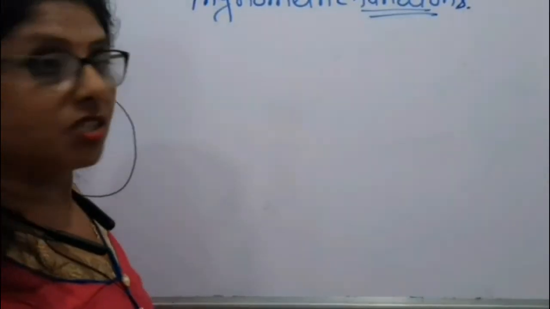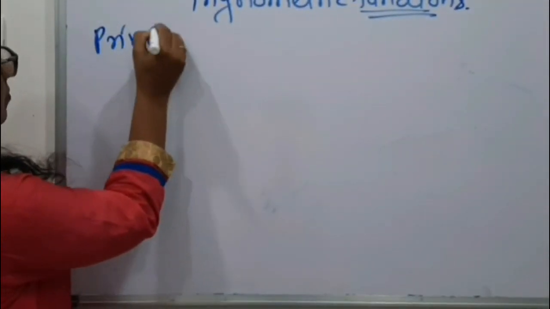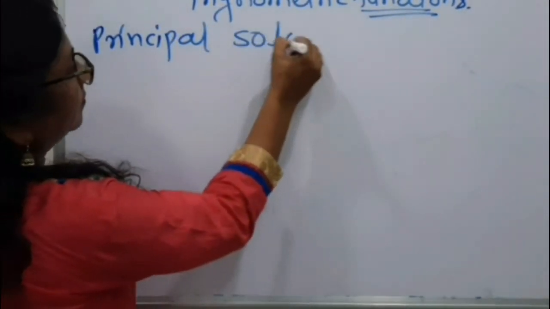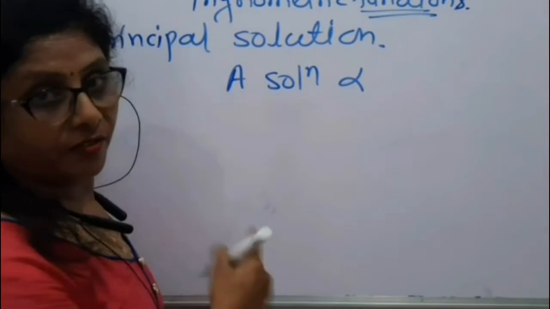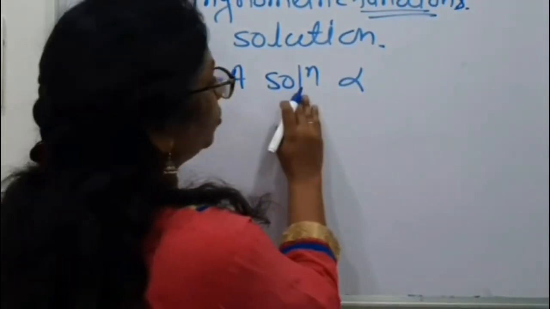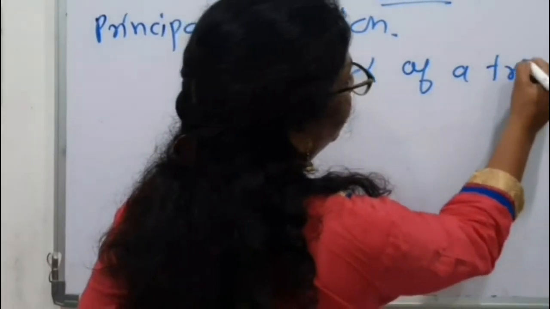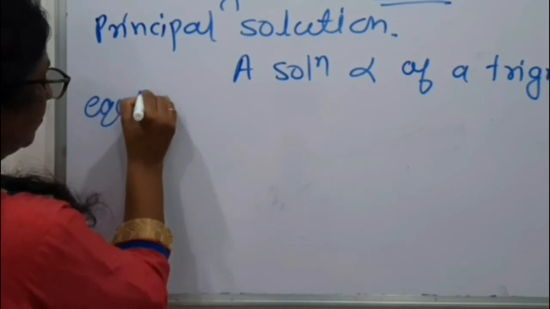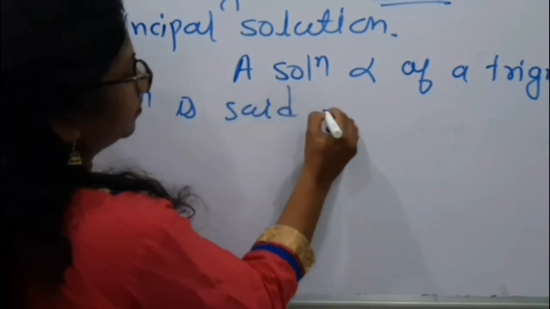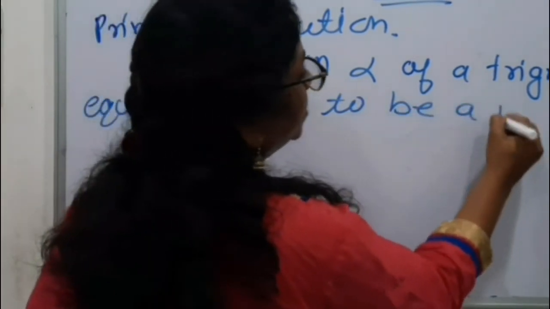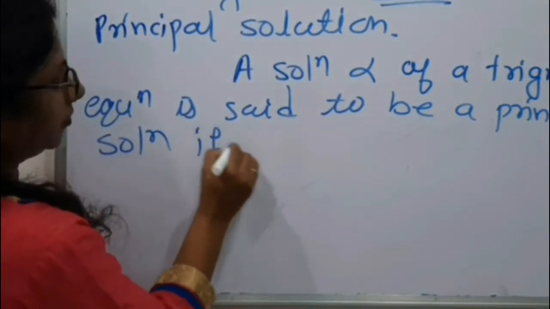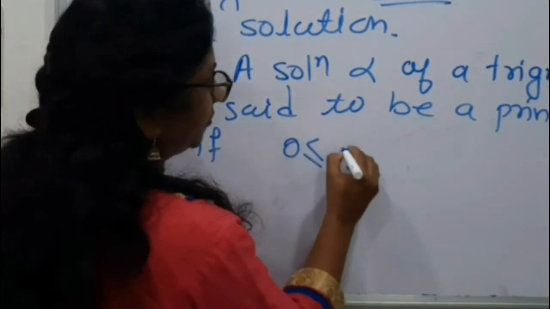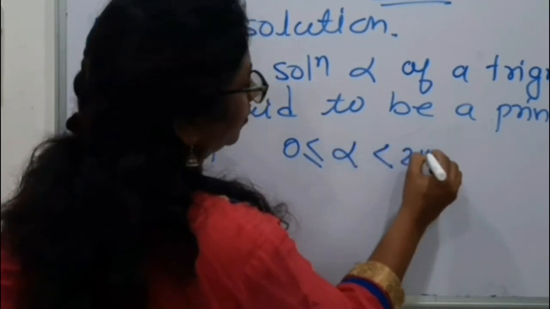Understood? So in this way, what is a principal solution then? A solution alpha. In the book alpha is used, so I am using alpha here. A solution alpha of a trigonometric equation is said to be a principal solution if it lies between 0 and 2 pi.